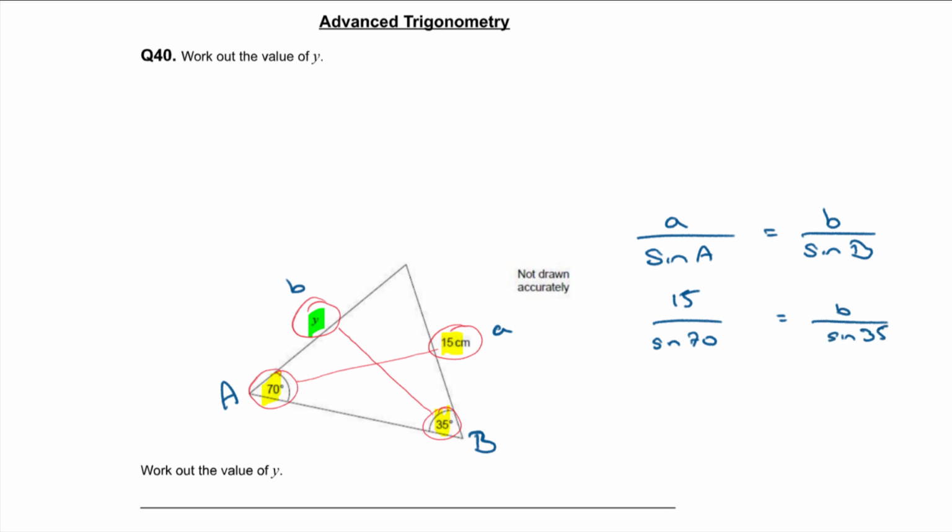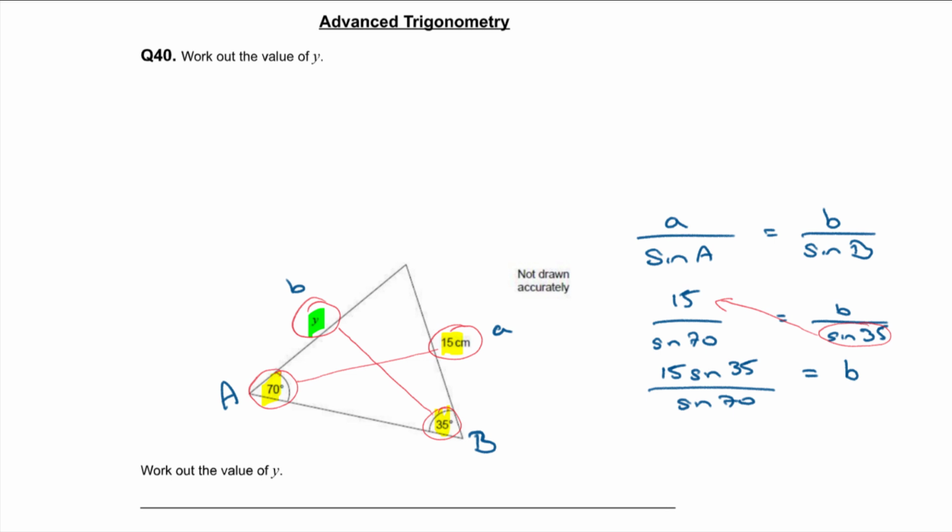Okay, so sub into the sine rule. Next thing is to rearrange the sine rule to get the thing you want to find on its own. So I'm going to move that up here. Because I put b at the top to start with, that makes the rearrangement a little bit easier. So then b is going to be equal to 15 sine 35 over sine 70. Okay, so then it's just a matter of typing it into the calculator.